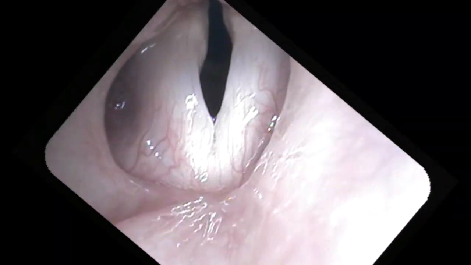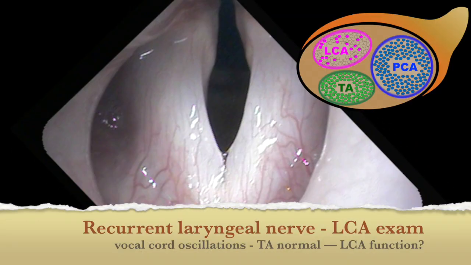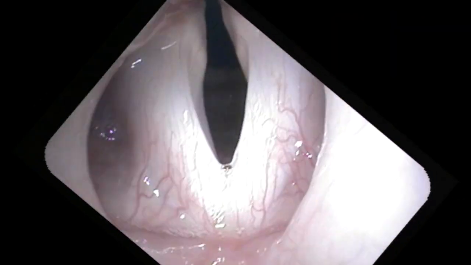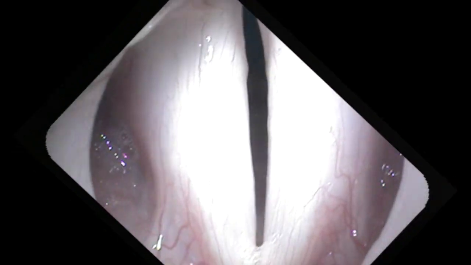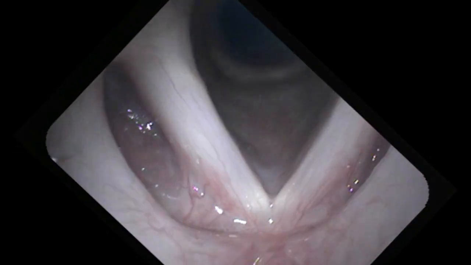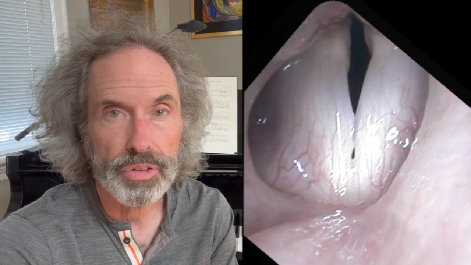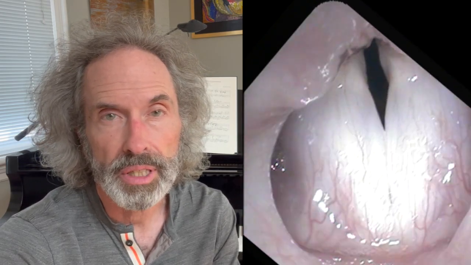Let's review a case where the left lateral cricoarytenoid muscle weakness is subtle. The true vocal cords come all the way together, and if you focus on them, it will seem like everything's normal.